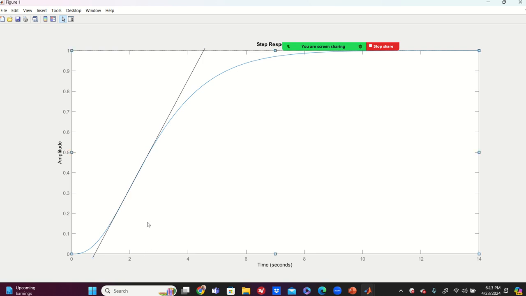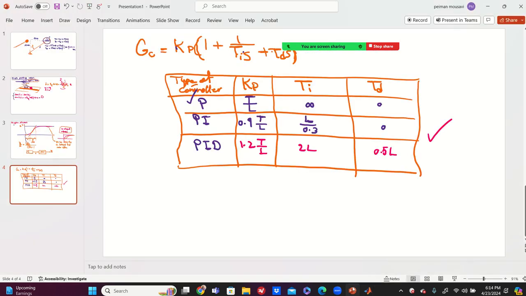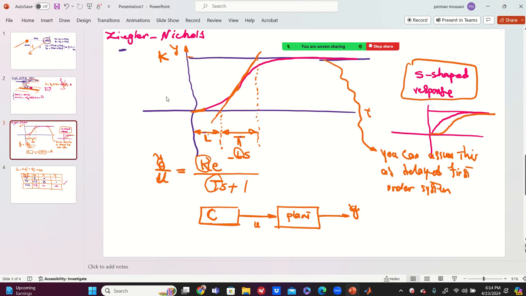Okay? So now obviously you have the K value. Look here, the K value is how much? 1, right? K value is 1.